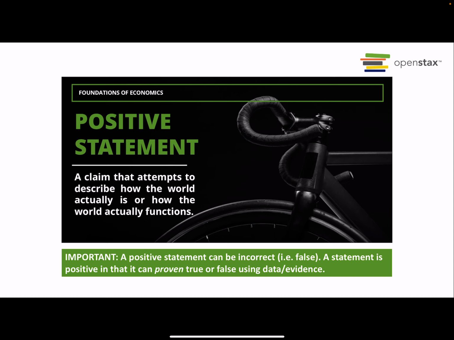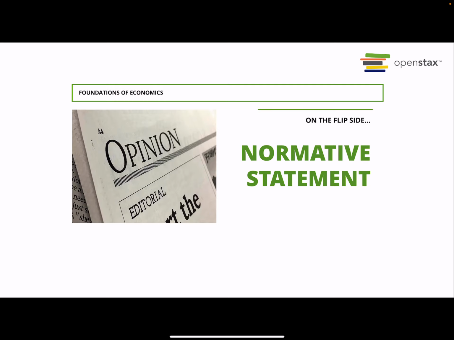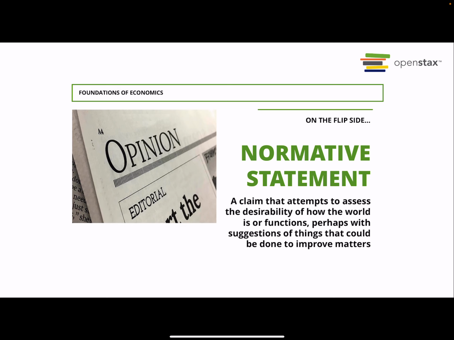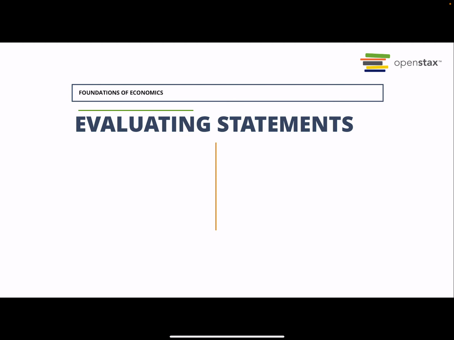So we define a positive statement as an economic claim that attempts to describe how the world actually is or how the world actually functions. And on the other side, we have the normative statements, a claim that attempts to assess the desirability of how the world is or functions, perhaps with suggestions of things that could be done to improve. Again, people's opinions. So let's evaluate some statements here. A positive statement is fact-based.